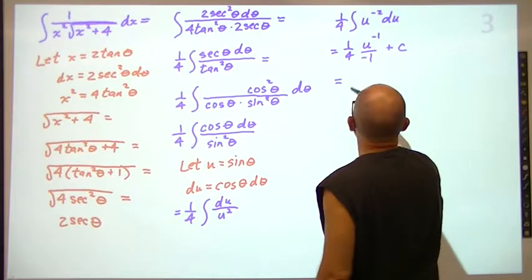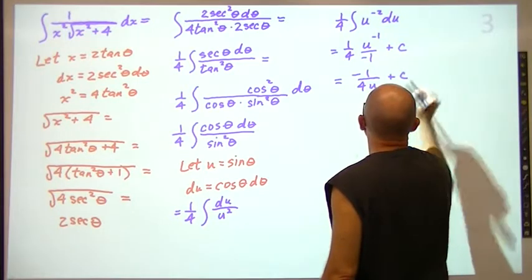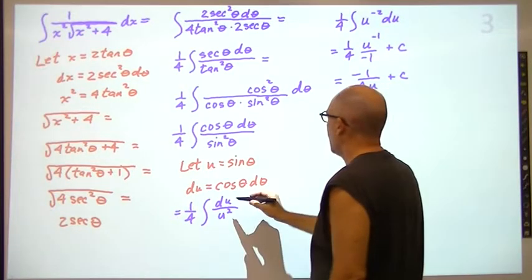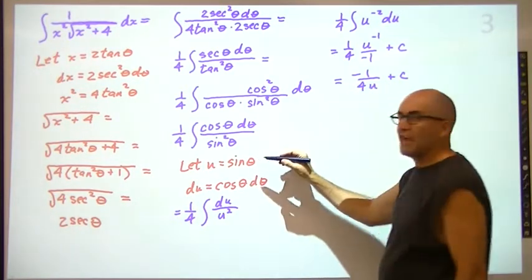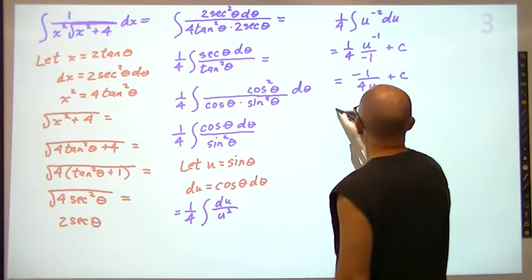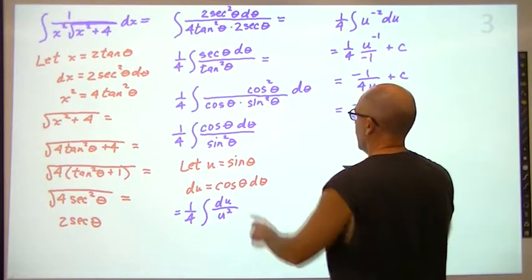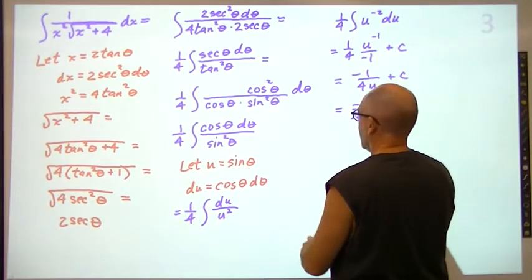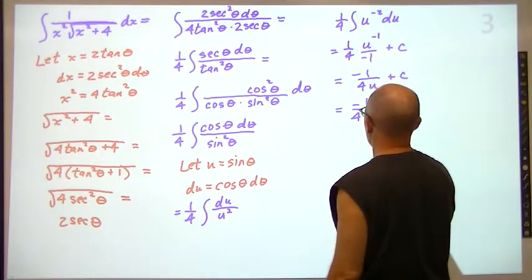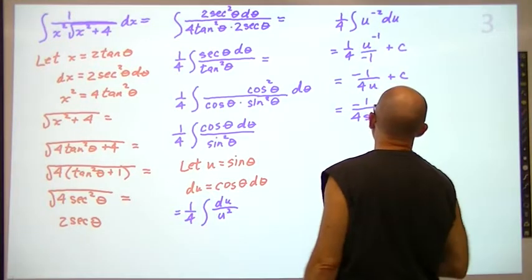So this equals negative 1 over 4u plus c. Now, what we need to do is put our thetas back. So we put theta back in here, so I've got negative 1 over 4 sine theta plus c, of course.